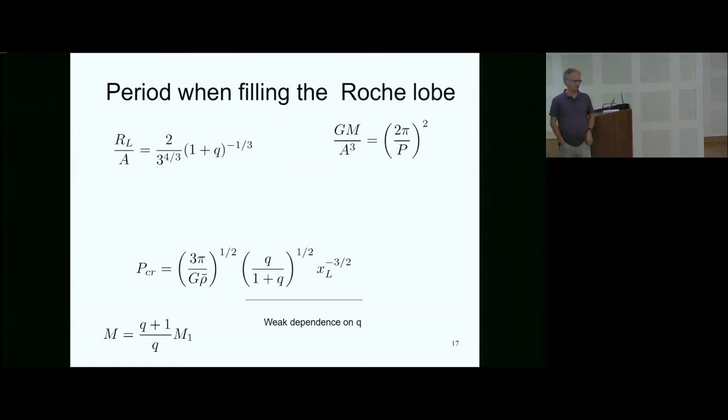So now we know more or less that stars can fill their Roche lobes. We know when it's going to happen.